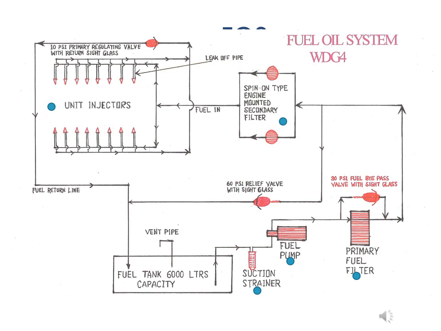The fuel booster pump discharges the fuel oil, which flows through the primary fuel filter and the engine mounted filter, and then enters the fuel manifold extended along both banks of the main engine. This manifold supplies fuel to all 16 injectors, 8 on the left bank and 8 on the right bank of the main engine.